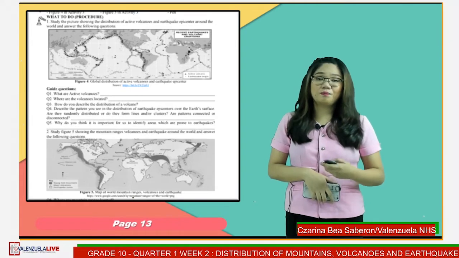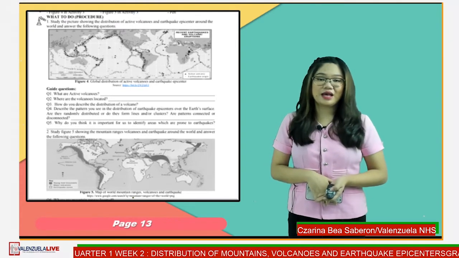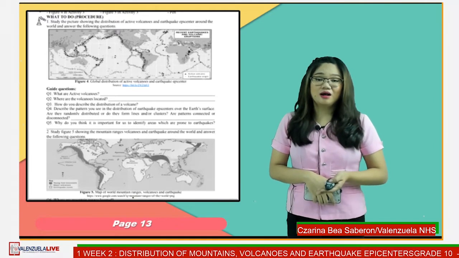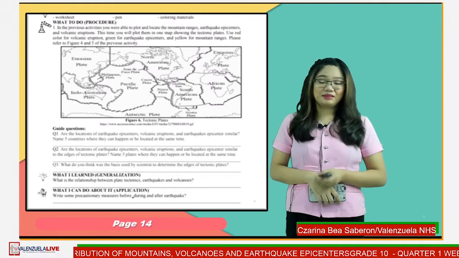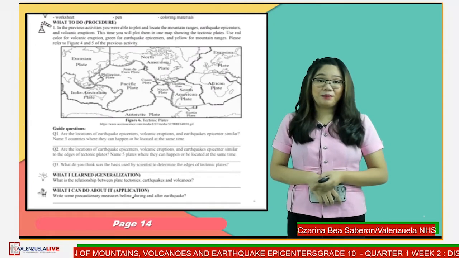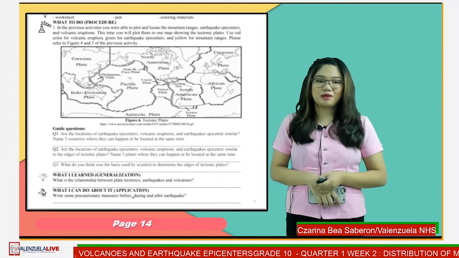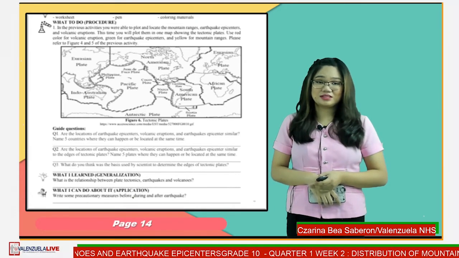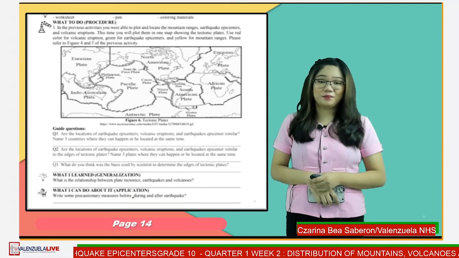Now, on page 13, which is on your third day, you're going to analyze the distribution of volcanoes and earthquakes. And lastly, on page 14, you are going to describe the relationship of volcanoes, earthquakes, and major mountain belts with respect to the tectonic plates.